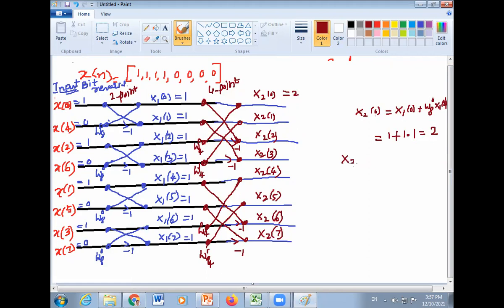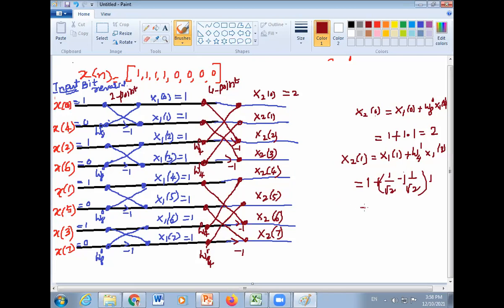Similarly, we will calculate the value of x2 of 1. x2 of 1 is equal to x1 of 1 plus W4 to the power 1 multiplied with x1 of 3, which is equal to 1 plus 1 by root 2 minus j 1 by root 2 into 1.